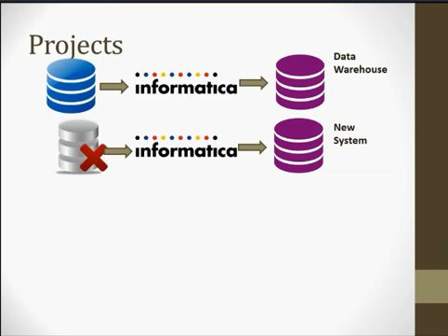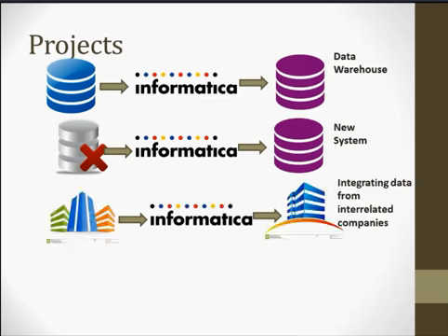Another example of the projects which Informatica can be used in is integrating data from interrelated companies. For example, a construction company acquires a smaller construction company. All the employees now have to work as a single entity under a single name. This merger entails the merger of data from both the companies.